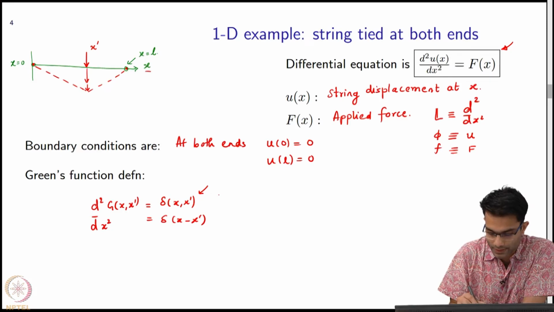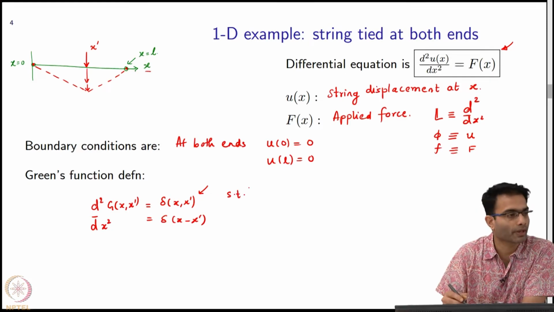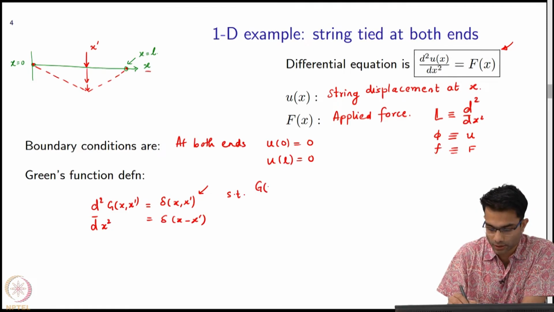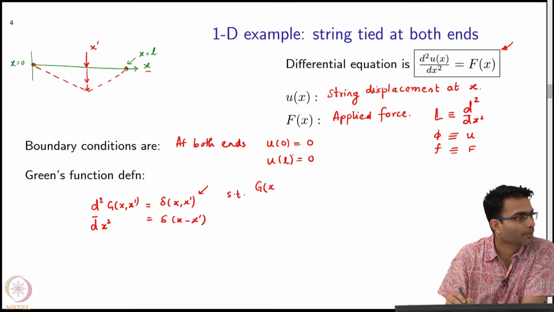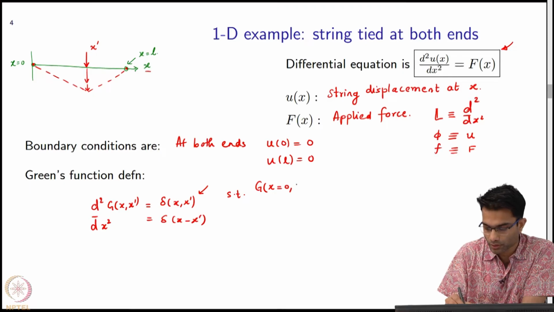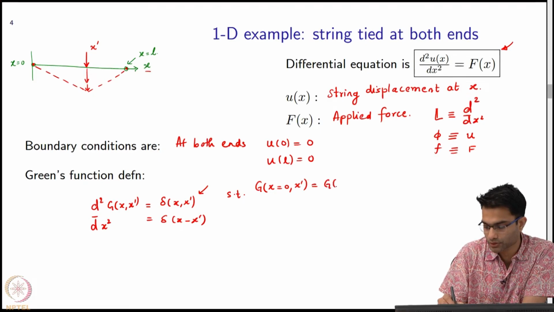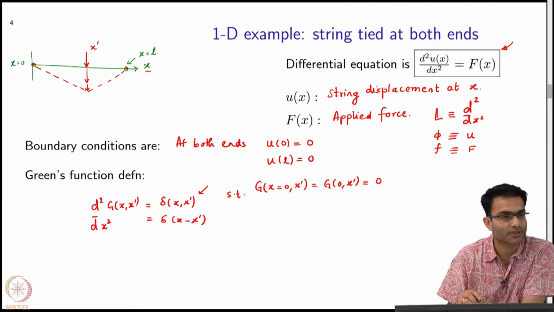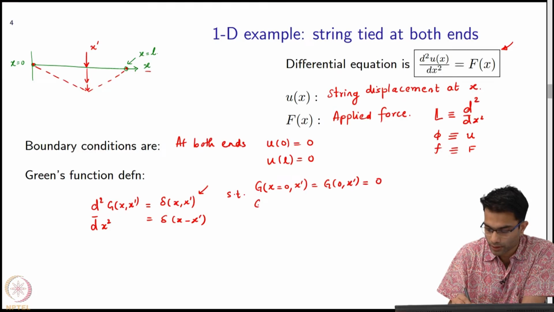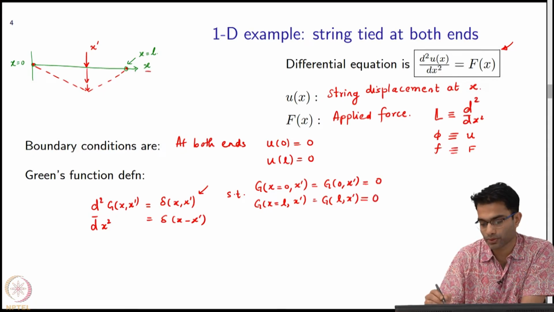So, same boundary condition: G at x equal to 0, x prime, that is just g of 0 comma x prime, I will set equal to 0 because the string is clamped over there, and g of x equal to L, x prime, that is g of L comma x prime, is equal to 0.